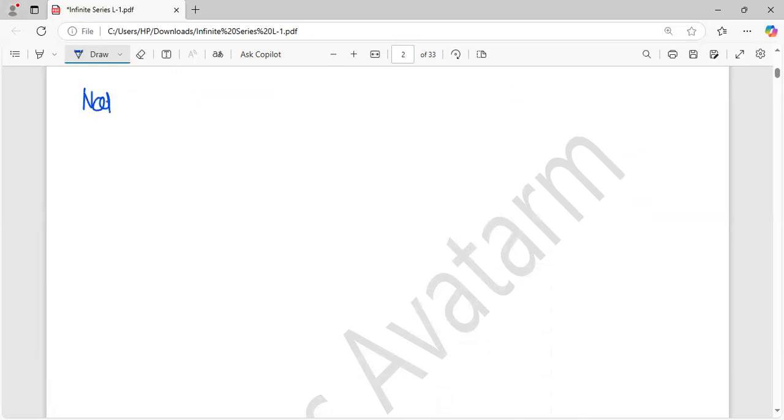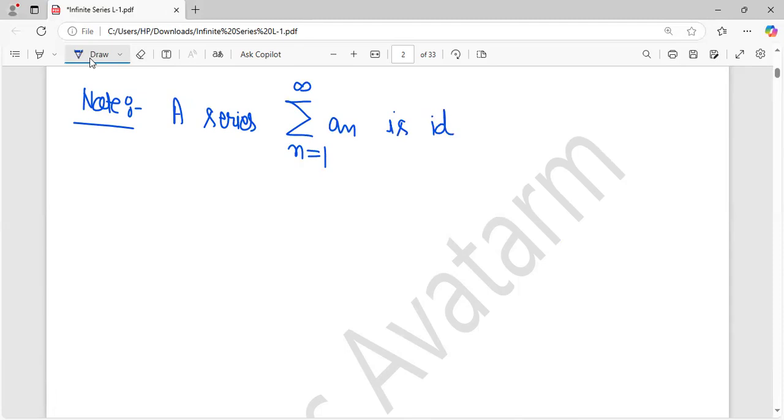Note that a series, summation n goes to 1 to infinity an, is identified by the sequence an. It means a series is identified by a sequence.